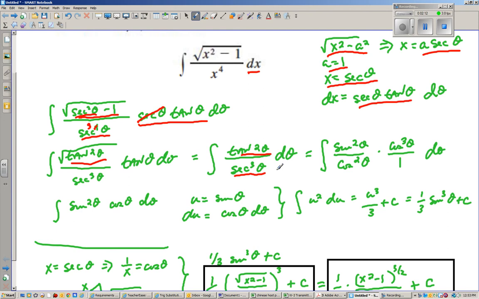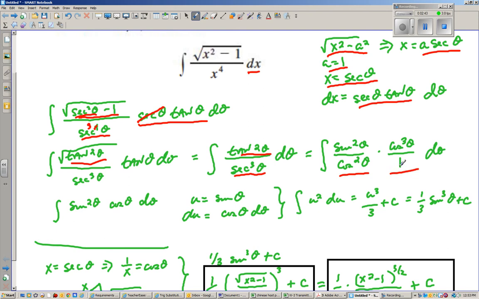And this is a place where some get stuck. I need to remind you that whenever you get stuck working trig problems, you might think about putting them in terms of sine and cosine, and that works rather well here. Tan squared, of course, is sine squared over cosine squared. 1 over secant cubed is the same thing as cosine cubed over 1.